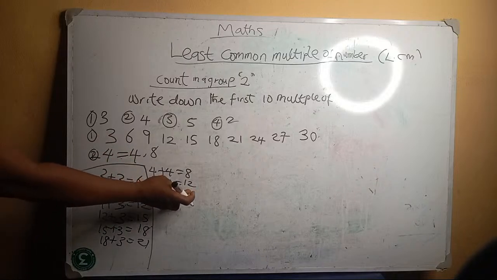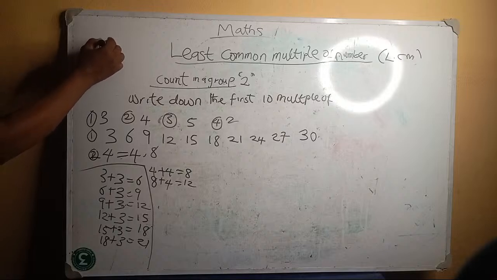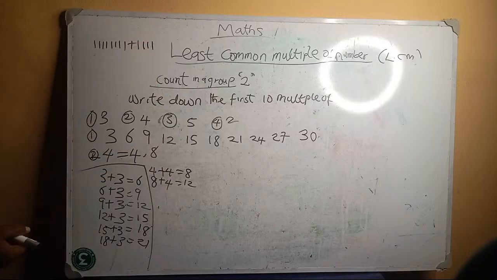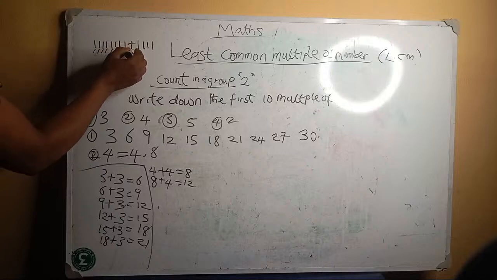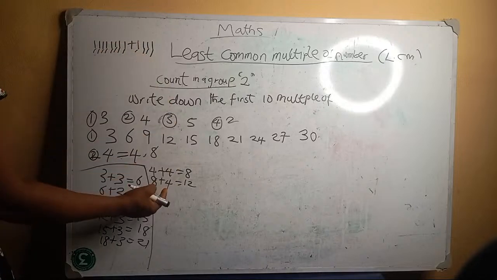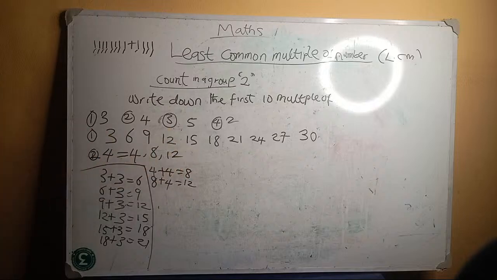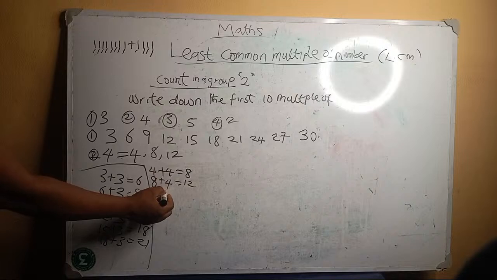If you don't know how you can get this, you go ahead and say 1, 2, 3, 4, 5, 6, 7, 8 plus 1, 2, 3, 4 is equals to 12. You calculate it: 1, 2, 3, 4, 5, 6, 7, 8, 9, 10, 11, 12. You write your answer, that is 12.